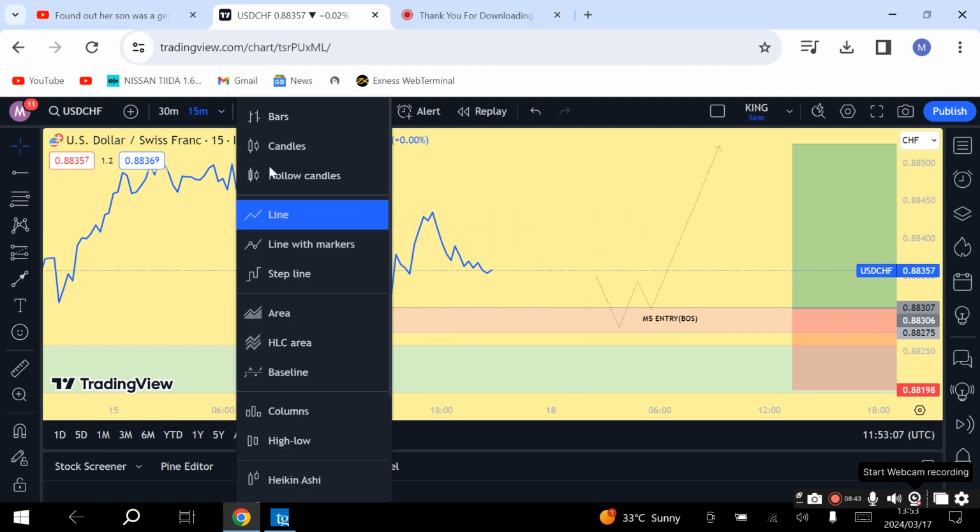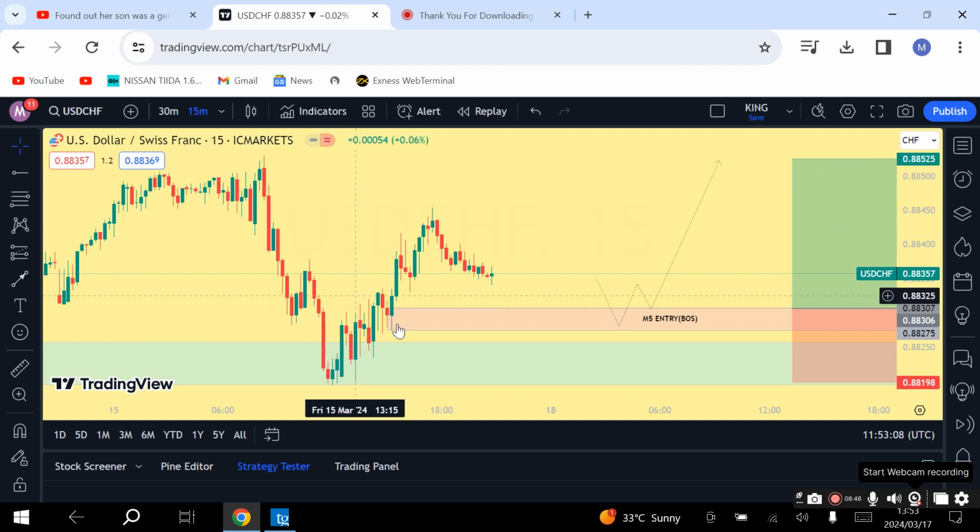Then my entry, right, is right here, at this drop base rally, because this is the area where price broke this high, and this was the high where sellers were at, right? You need to understand something: the market itself has got a hidden language.